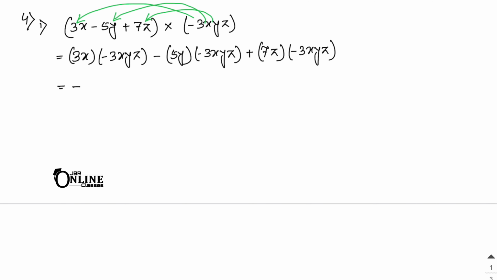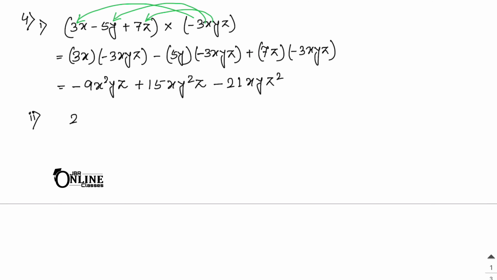So here first one minus 3 into 3, 9 x square yz. Now next one, as here minus and minus, it becomes plus. 5 into 3, it's 15, then x y square z. Next one, plus minus minus, 7 into 3, 21, then x y z square as your final answer.